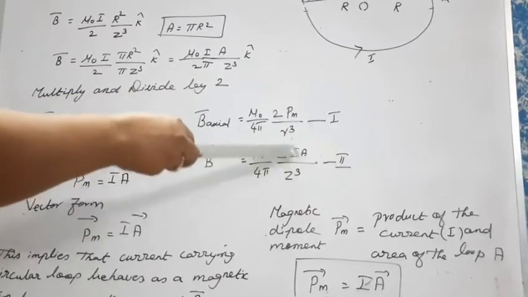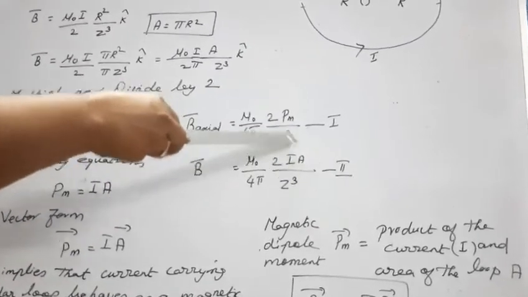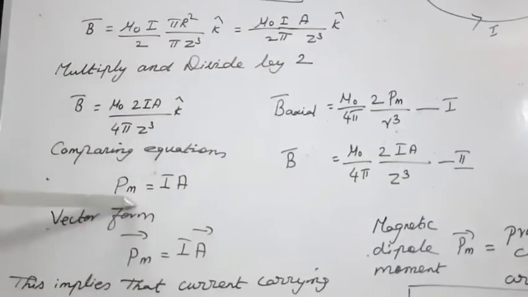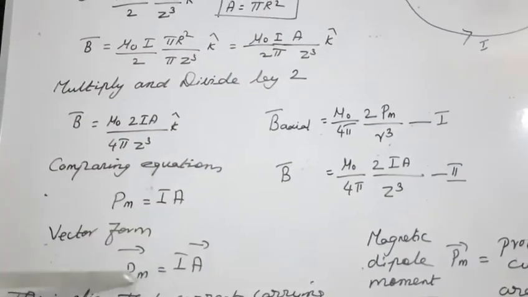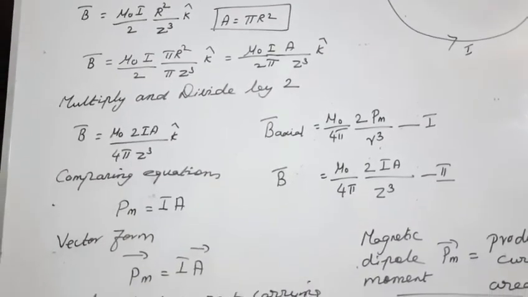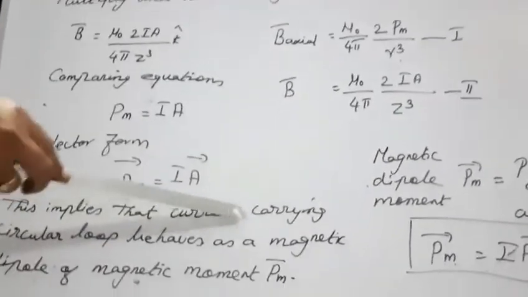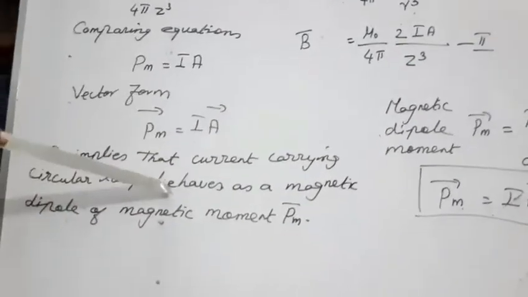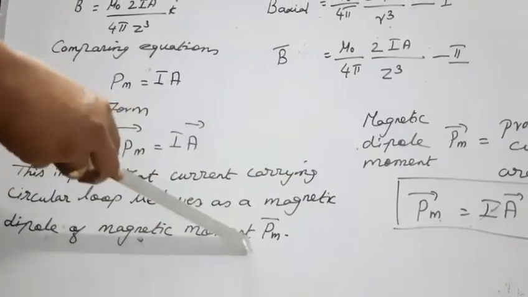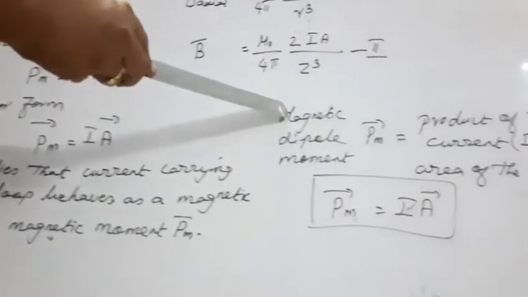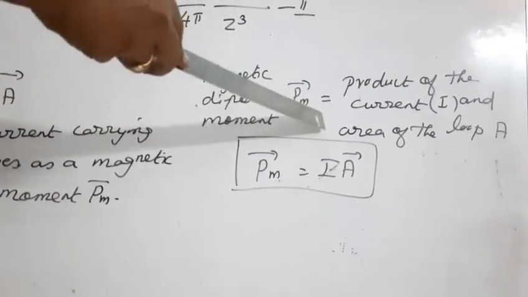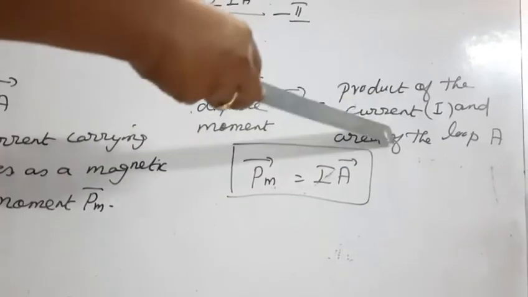Therefore IA is equal to Pm. In vector form we can write Pm vector equal to I into A vector. Therefore this implies that a current carrying circular loop behaves as a magnetic dipole of magnetic moment Pm. Therefore, the magnetic dipole moment of any current loop is equal to the product of the current and the area of the loop.